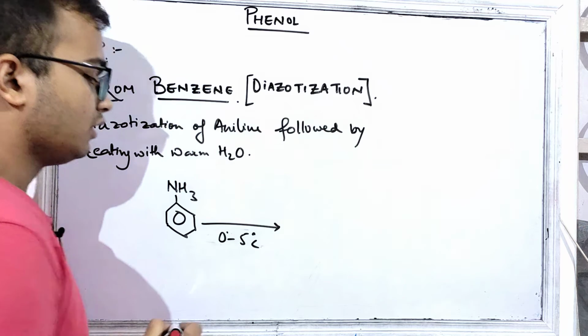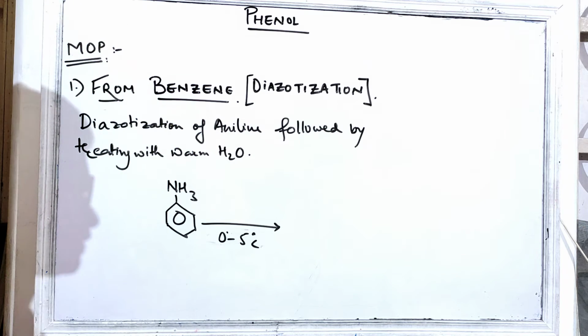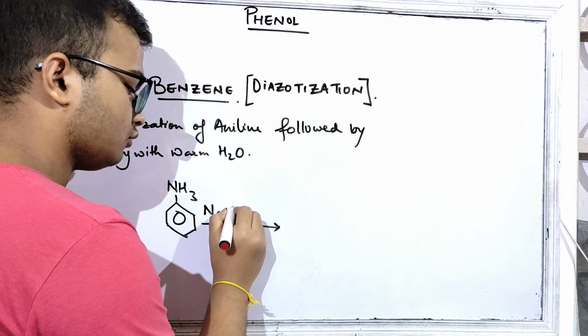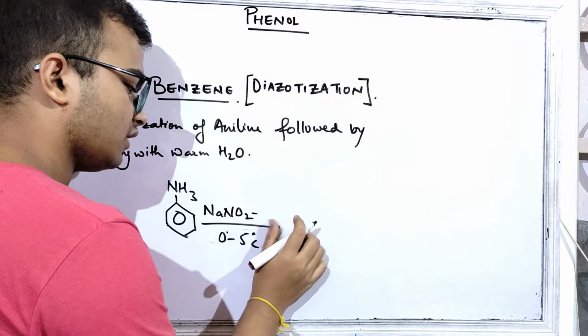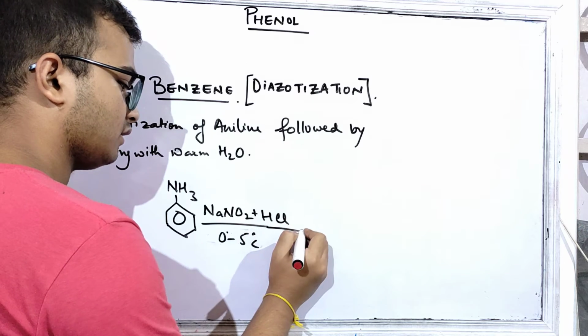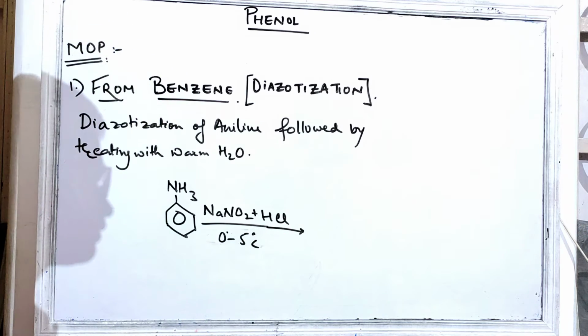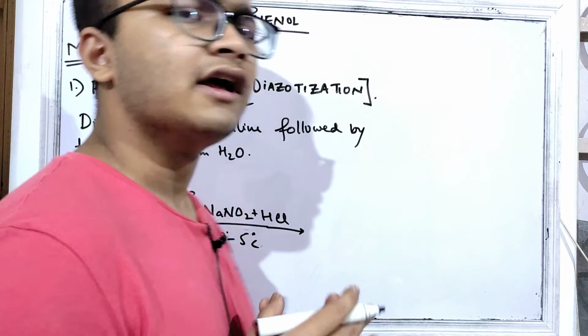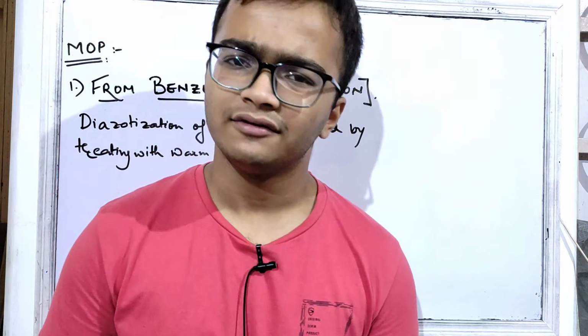Now what are the reagents you take? You take NaNO2 plus HCl, and the attacking reagent in this diazotization we will learn in the amines chapter. It is the nitrosonium ion.